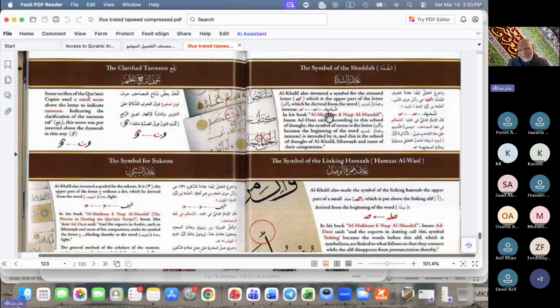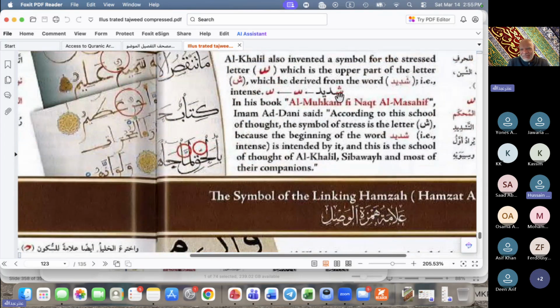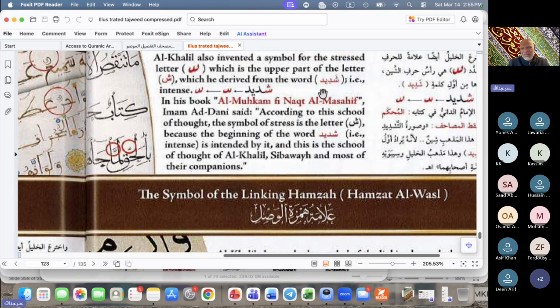And the shadda from the word shadid. So they took the sheen and it didn't have the dots. So these three parts are the parts of the shadda, which is from shadid.